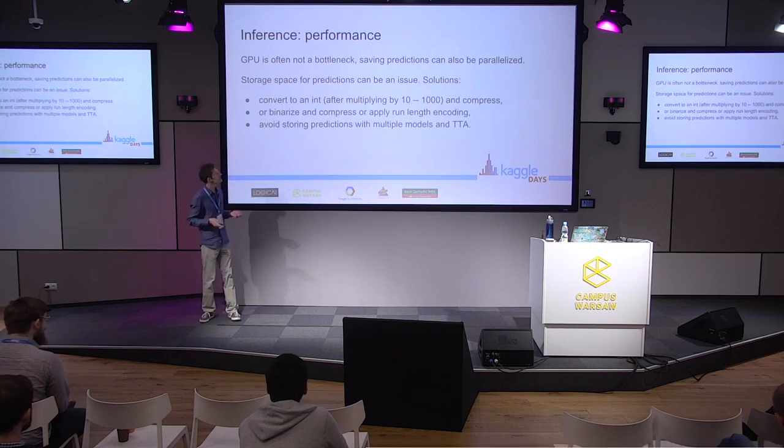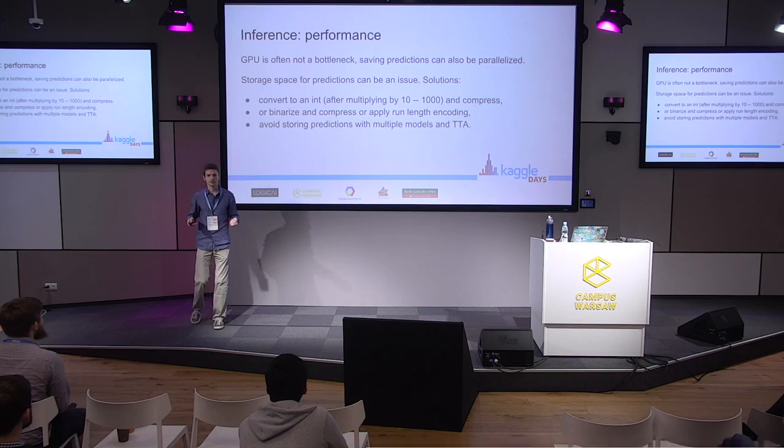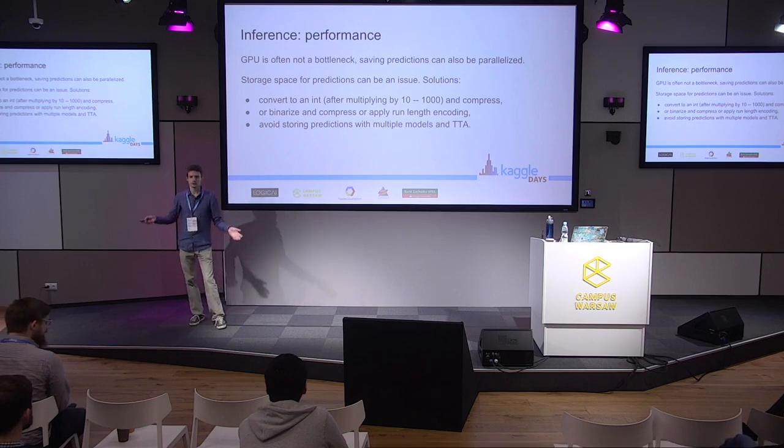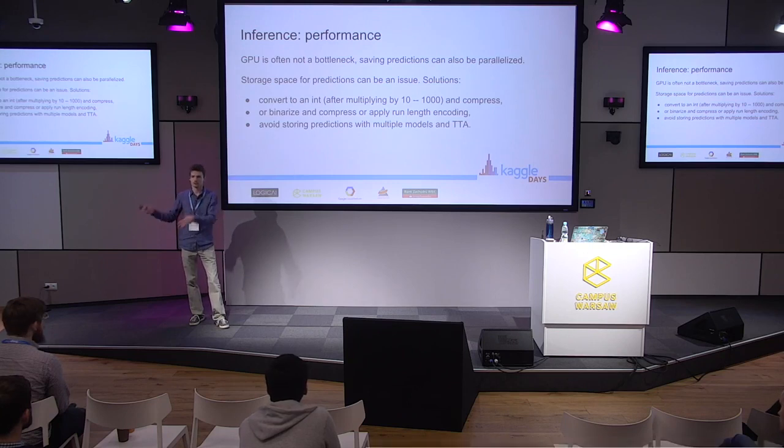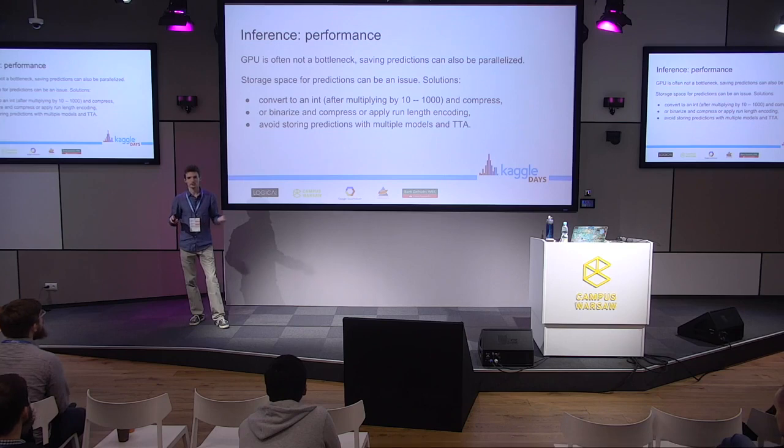And for inference as well, if you need to predict a lot of images, then often the GPU is not your bottleneck, so you need to do a lot of encoding, decoding. Also, images are really large, especially if they are not compressed. So you try to compress your predictions, and there are various tricks. First you can create masks and compress them.